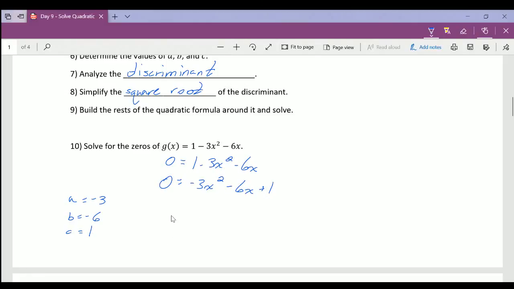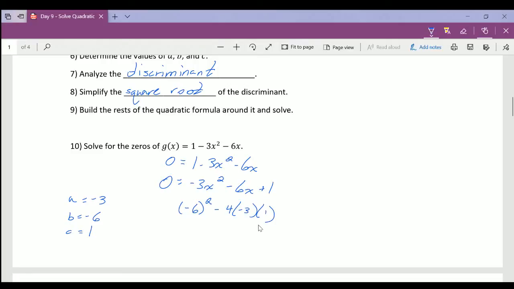Okay, cool. Start with the discriminant. That's going to be b. I don't know why I wrote that as a b. That should be a 6. Negative 6. There we go. Squared minus 4ac.